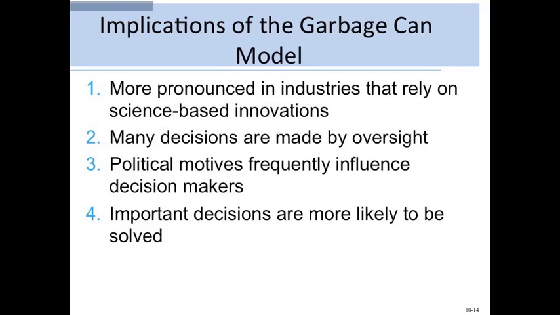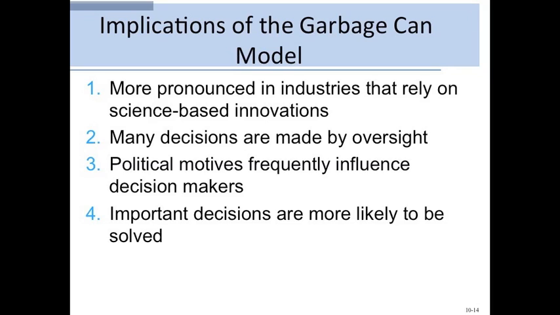So you can imagine the haphazardness of this garbage can model lends itself to very complex, volatile environments, types of industries like science-based innovations, where there's a lot of complexity involved and a lot of what we call politics. A lot of people have their own personal agendas, wanting to get certain things created, wanting to see certain things produced.